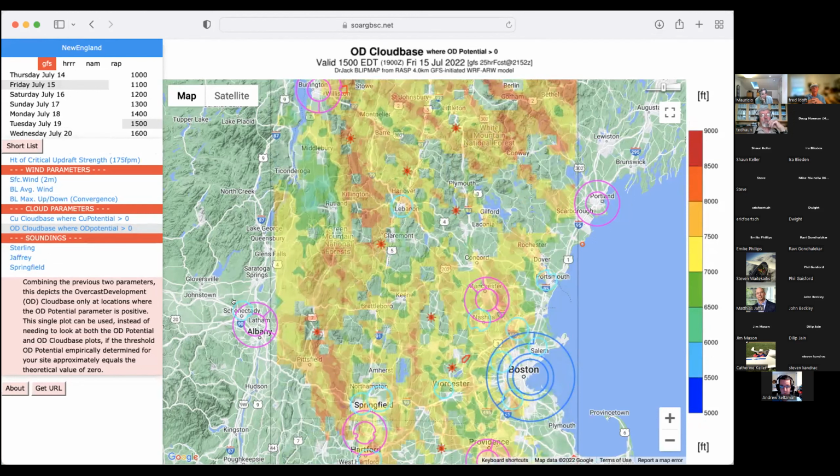Overdevelopment isn't necessarily a bad thing. It just means that there's lots of clouds everywhere and you're going to have to find the thermals. It is what it is.